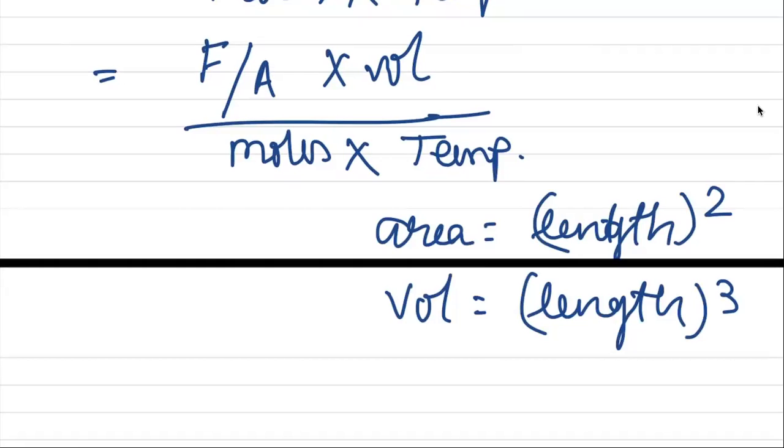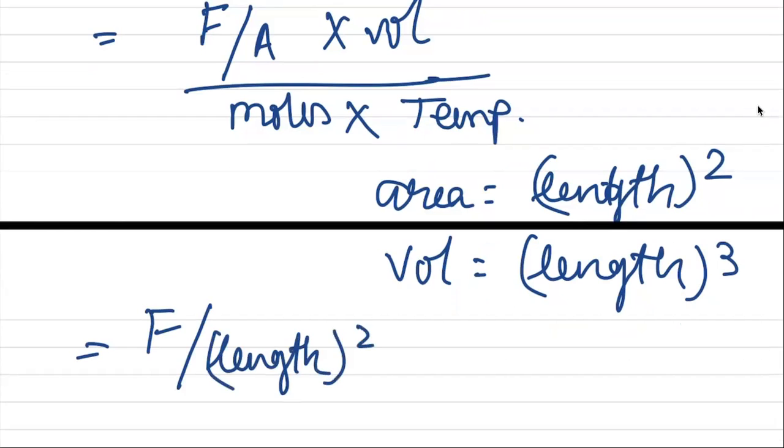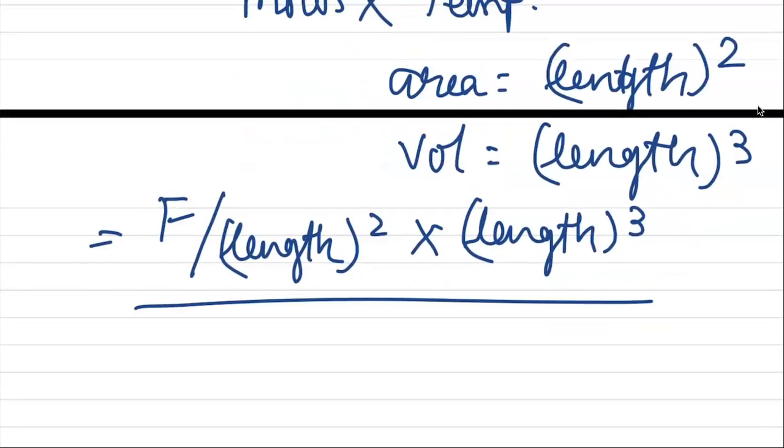Volume means length cube. So we can put the values over here now. F is over length square, into length cube, divided by moles into temperature.